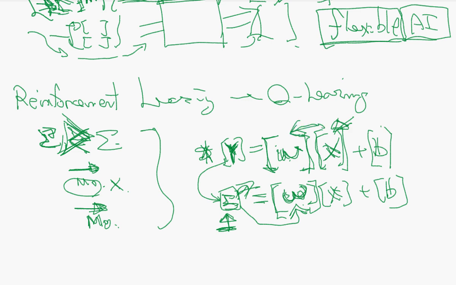If there's no good move, if none of them is good, you change X, then you start changing W and make sure you have a correct AI to produce the next move. So this type of learning is reinforcement.